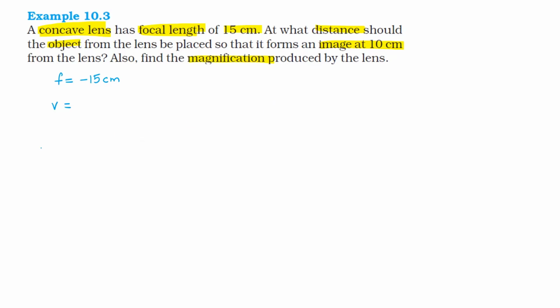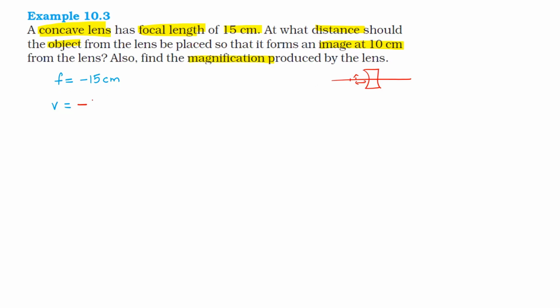It always gives a virtual and erect image. And a virtual image is formed on the left side. So image distance is always negative for a concave lens. Why? Refer to the ray diagram, because the image is formed on the left side.